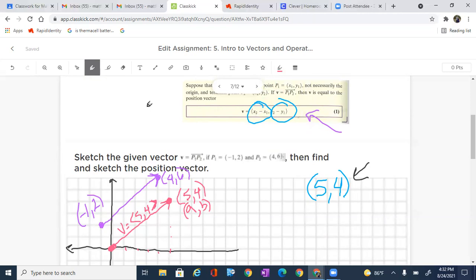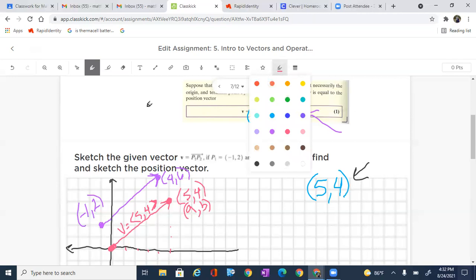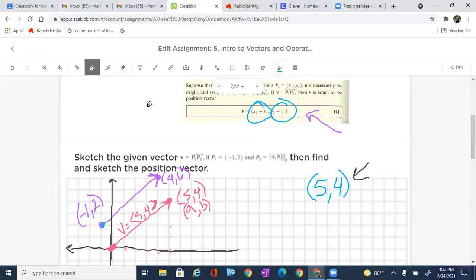Now you should notice that if we've done this correctly, the vector from -1, 2 to 4, 6 is congruent in length to the one from 0, 0 to 5, 4 because they are representing the same vector, but that vector is now a position vector, meaning that we've moved it to begin from the origin. So we only need to make calculations based off of the horizontal and the vertical components of that vector.